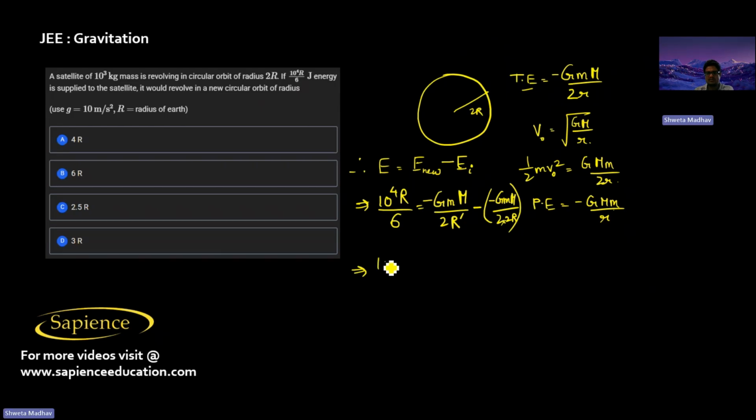It means 10 power 4 r by 6 is equal to minus G into m, where r is the radius of the earth and m is 10 power 3, so 10 power 3 into the mass of the earth.